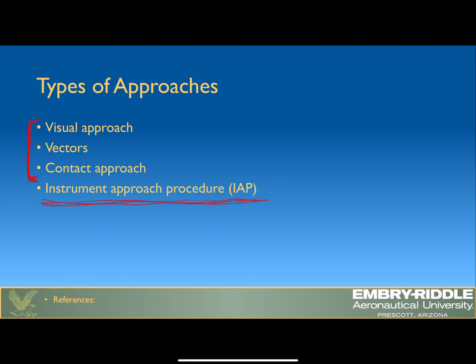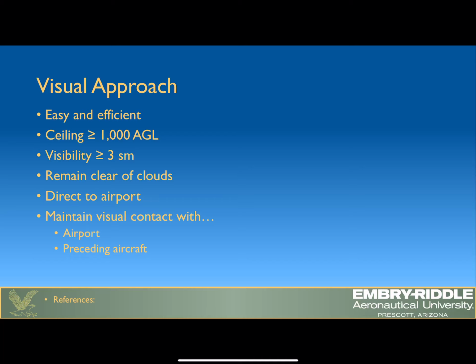So first off is the visual approach. This is the easiest and most efficient type of approach that we have. It is what it says it is. It's a visual approach. This means you're on an IFR flight plan, you've come up to the airport, and it's sunny and blue skies, clear of clouds.